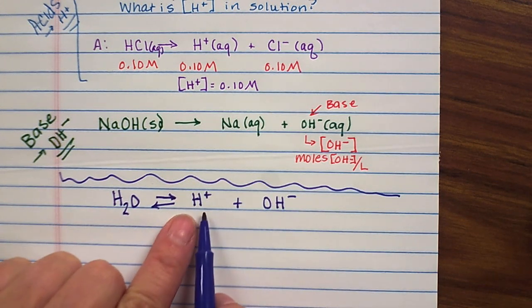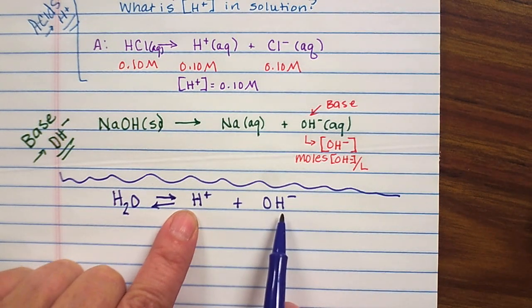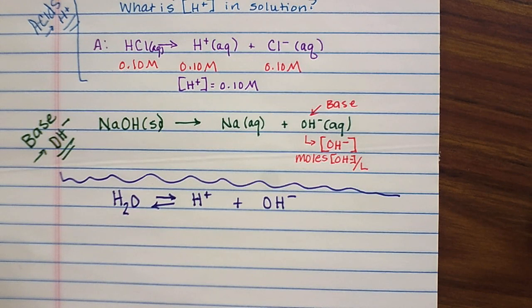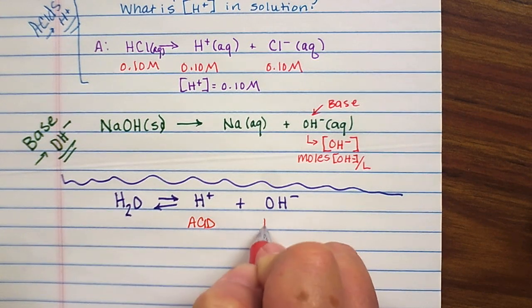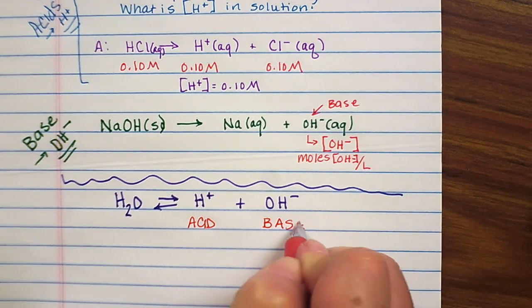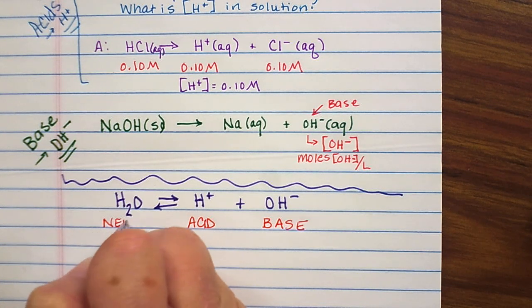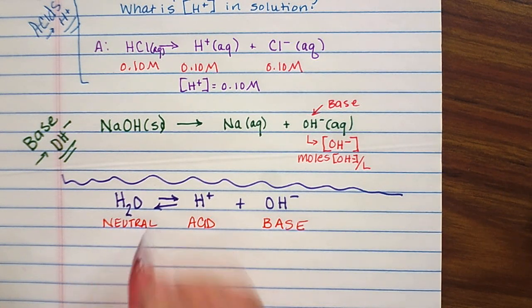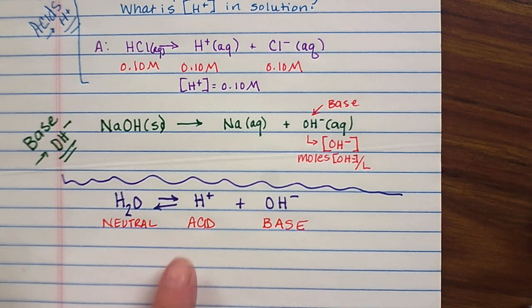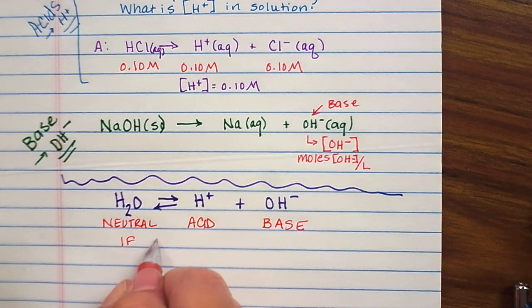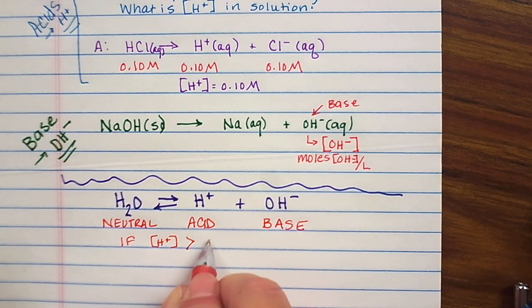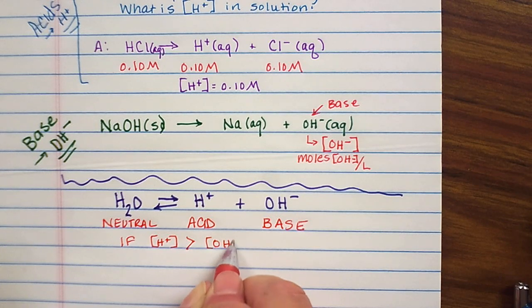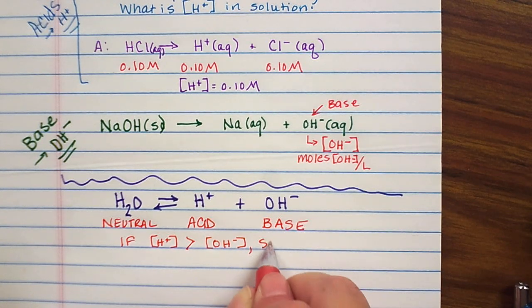And so the H plus is the acid, the OH minus is the base, right? So the H plus is the acid, the OH minus is the base, and then the water is neutral. And so what we get is an overall neutral. And so if you have more H plus, if the concentration of the H plus is greater than the concentration of the OH minus, the solution is acidic.